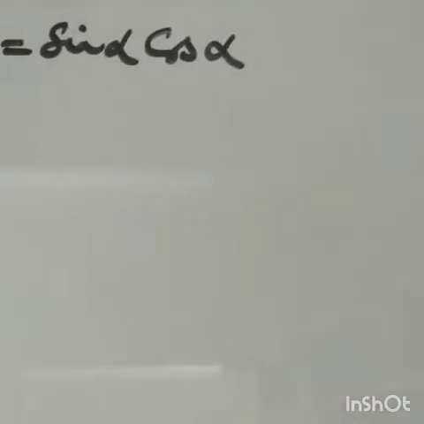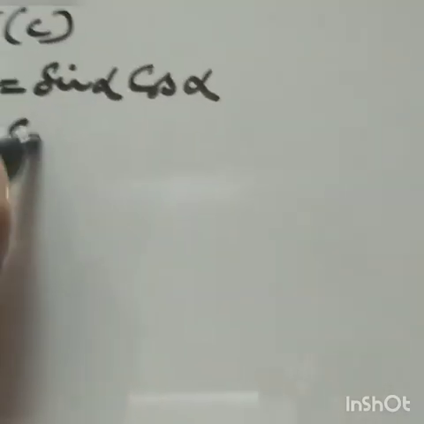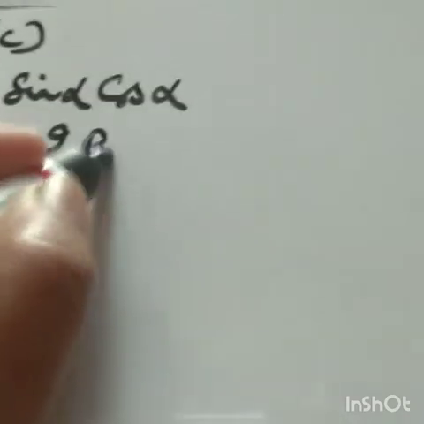What is the left hand side? Left hand side is cos 2 beta.